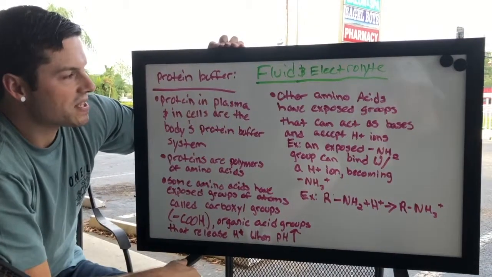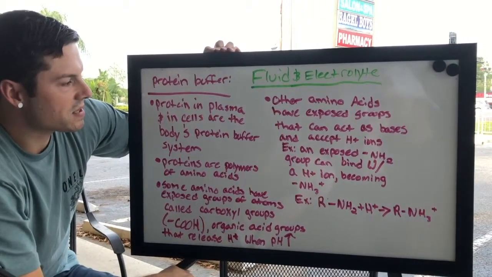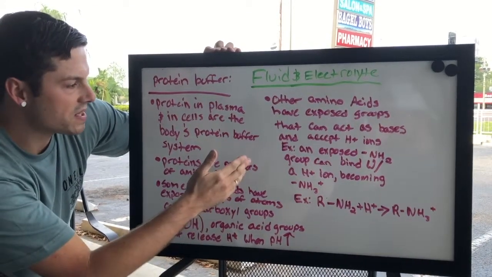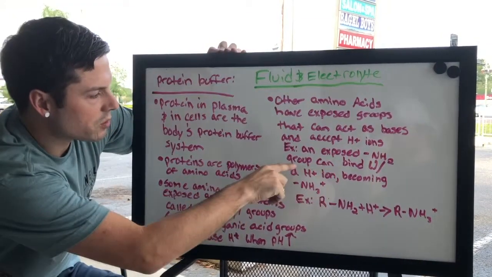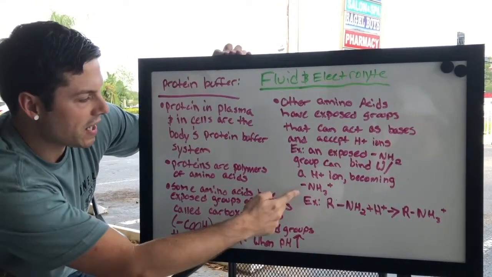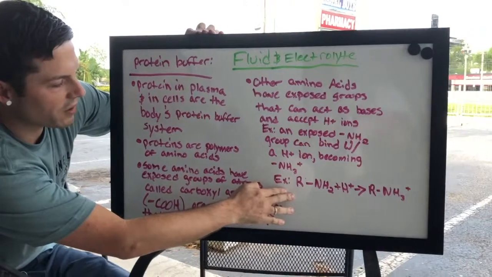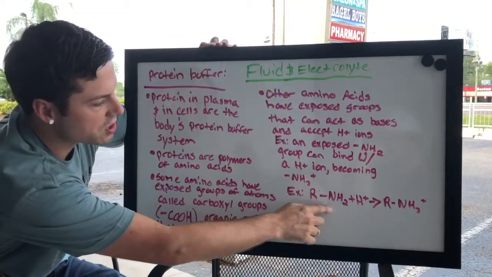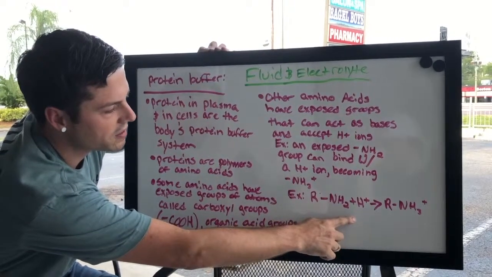Other amino acids have exposed groups that can act as bases and accept hydrogen ions. An example of this is an exposed NH2 group that can bind with a hydrogen ion, becoming NH3+. And this is an example of that here. You see the equation down here, the R with the NH2, and then you have the hydrogen ion.